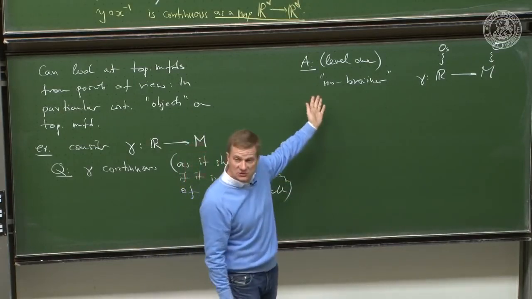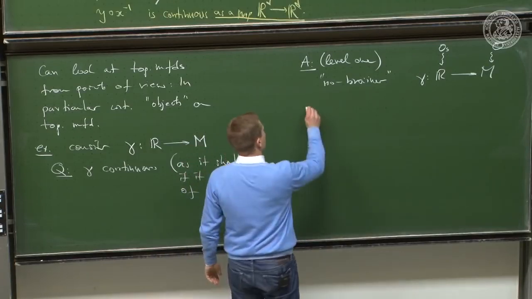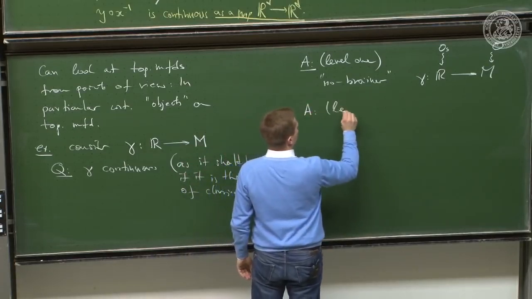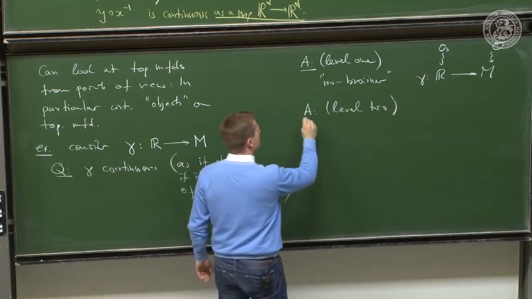Well, however, that is not how so far you looked at it in your physics courses. In the physics courses, you looked at it at level 2, or at least at another level.